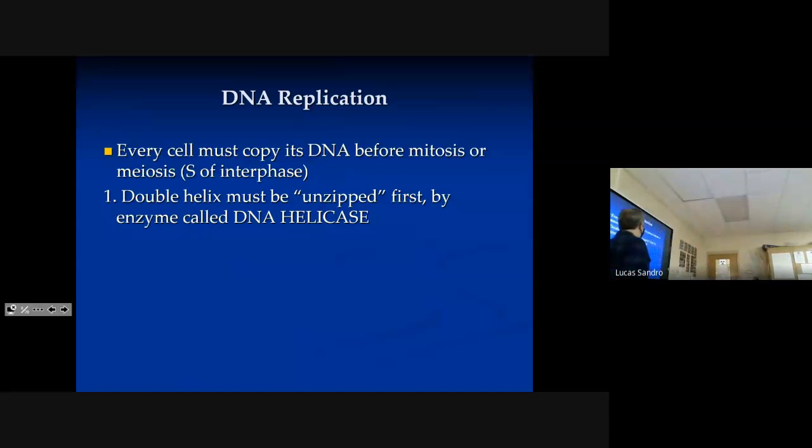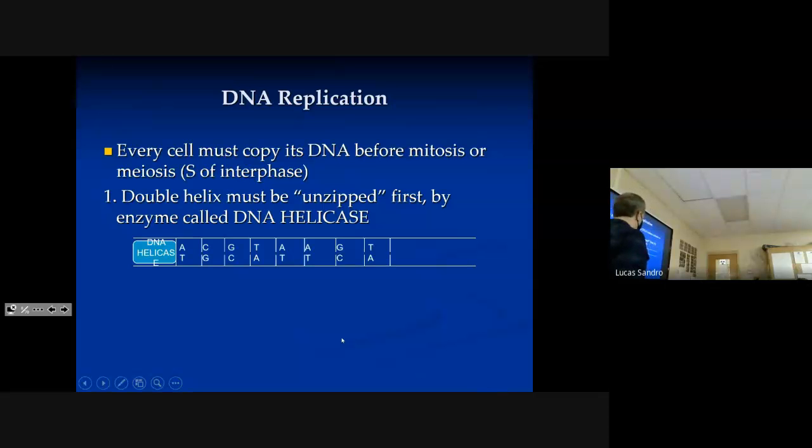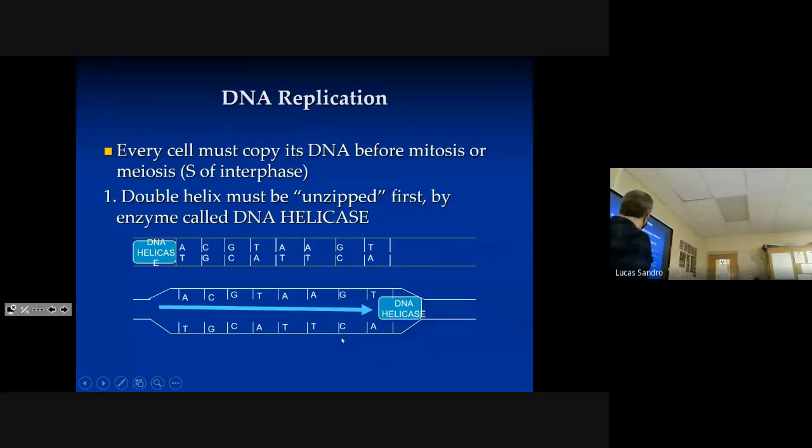To give us a simplified view of that, let's draw a very simplified molecule of DNA and show the helicase running along in between the bases and separating them. So now we can access the code.